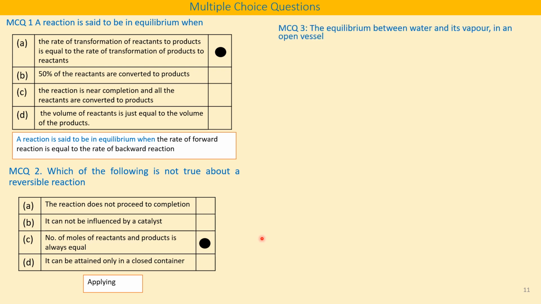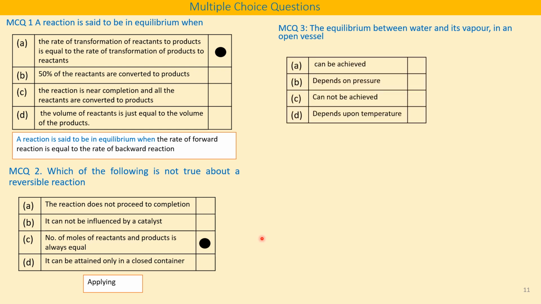Next question. The equilibrium between water and its vapor in an open vessel. So 4 options are given. The equilibrium of water and vapor can be achieved in an open vessel. Underline open vessel. So this is not true.